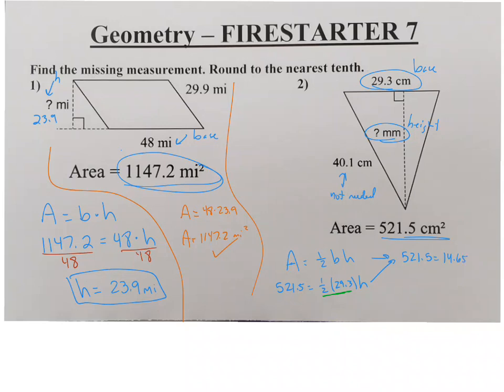That's 1/2 of 29.3 times our height. Now to get the h by itself, it's really simple. I just like algebra, when we get our x by itself. So I do 521.5 divided by 14.65.